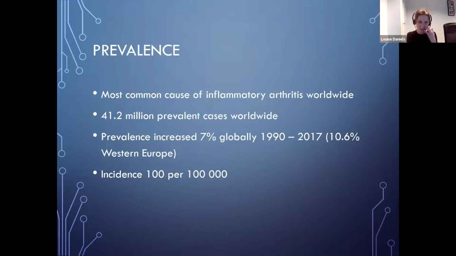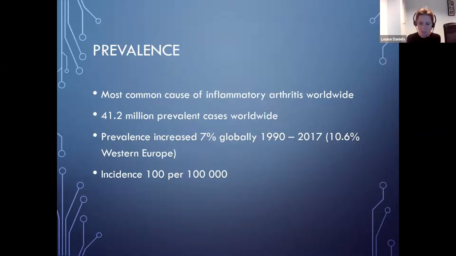So gout is incredibly common. It's the most common cause of inflammatory arthritis. So in my previous talk, I said osteoarthritis was the most common arthritis, but of the inflammatory arthritides, gout is the most common one.